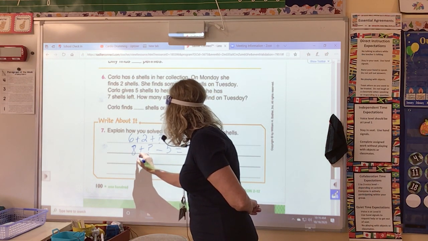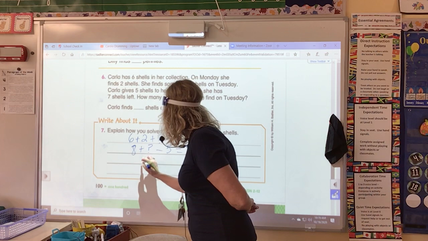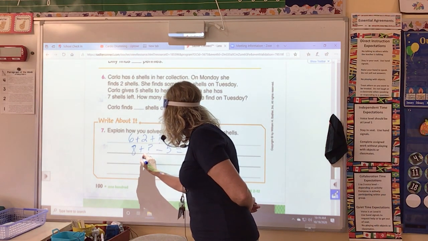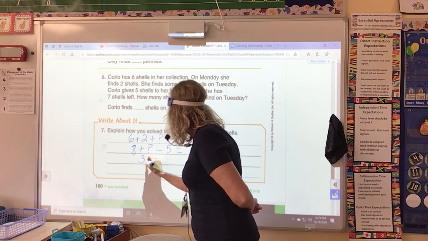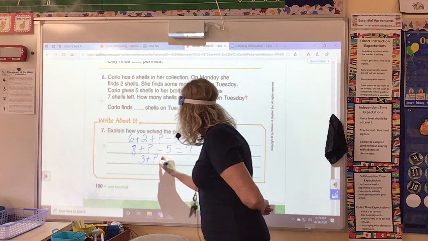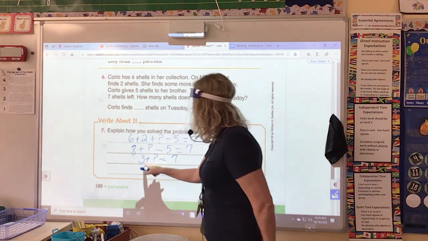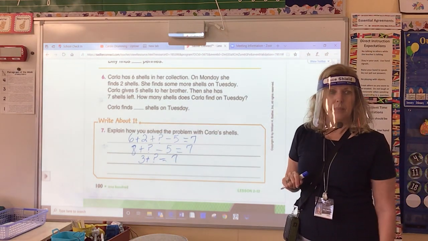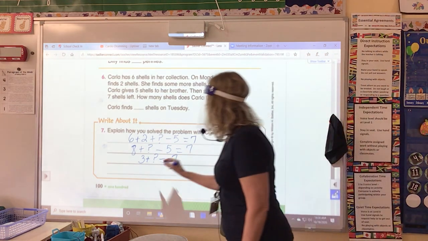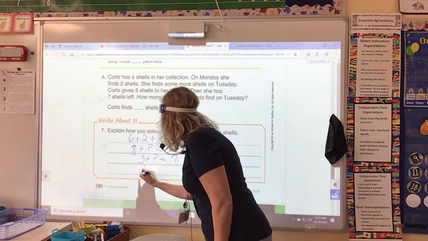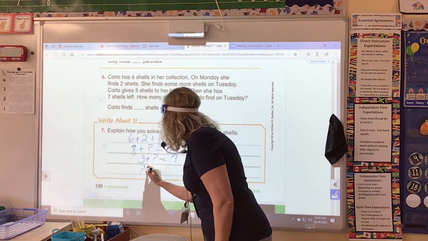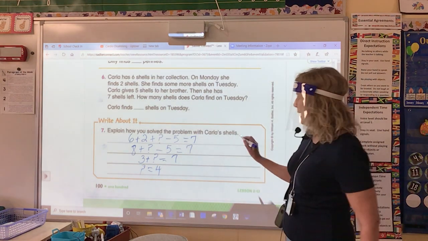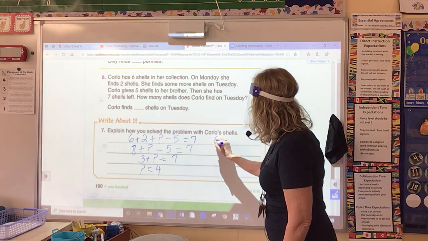So we're gonna do 8 minus 5 is 3. All right, so 3 plus what equals 7? Ella? 3 plus 4 equals 7. So our question mark equals 4. So now we're going to check it. We're gonna replace that question mark with the 4.